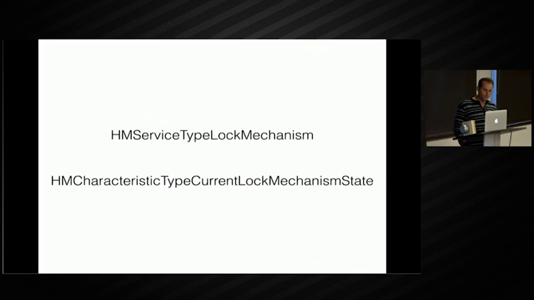A lock has a lock mechanism service, and to find out what its state is, there is the current lock mechanism state characteristic, which you can read. If you want to actually move the lock, there's a different characteristic, because this is a physical device, and what you want the state to become may not actually be what the current state is, because it might take a while to actually move. So they have a separate characteristic for where you want the lock to go. And that's true for a lot of physical devices.